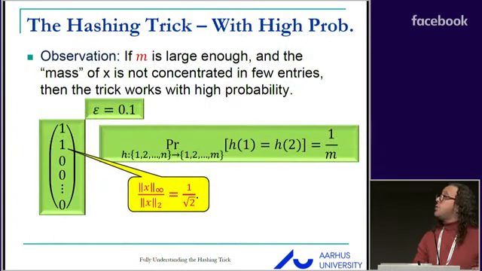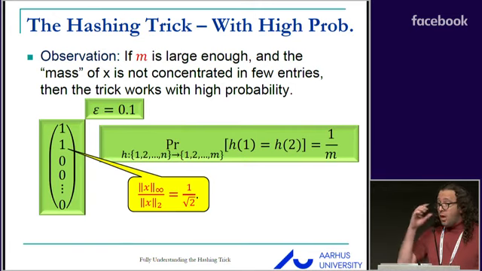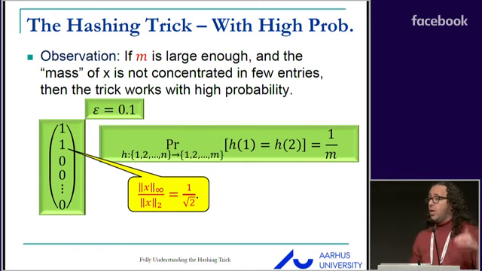A maybe less easy to see observation is that if the target dimension is very large and the mass of X is nicely distributed among its entries, then we can get good guarantees. So what do I mean by the mass of X is distributed nicely?